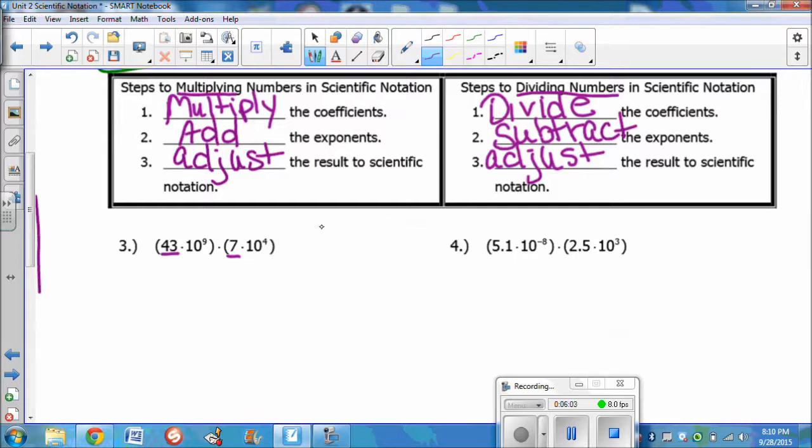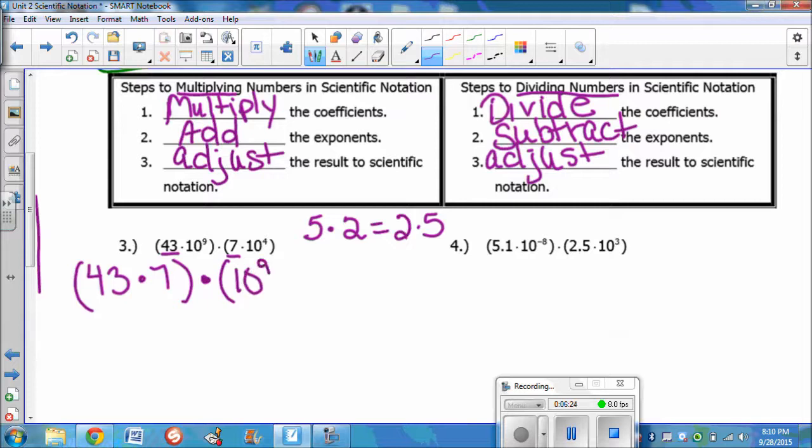I can change the order, because isn't 5 times 2 the same as 2 times 5? It sure is. So I'm going to rearrange this and put the coefficients together: 43 times 7 times, and now let's put the powers of 10 together, 10 to the 9th times 10 to the 4th.